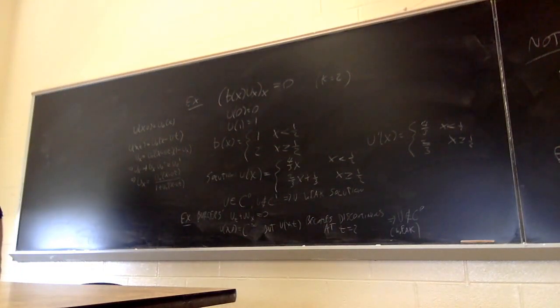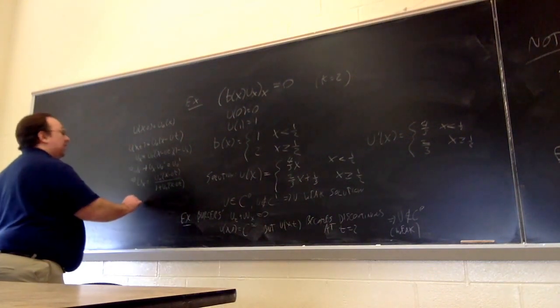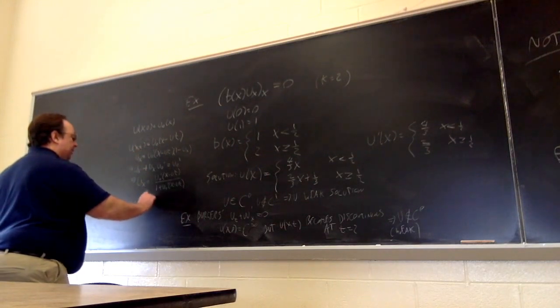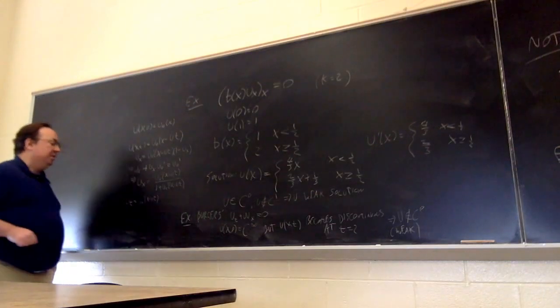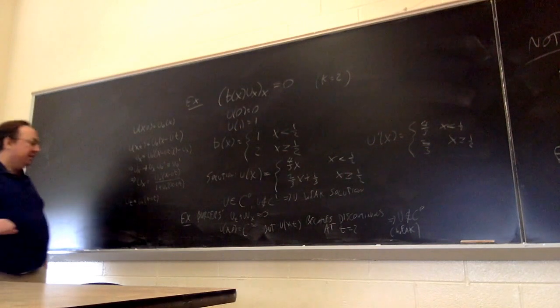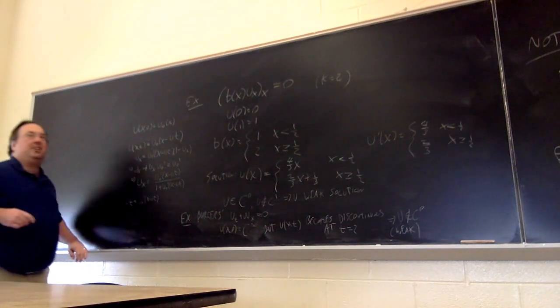Whereas u_t would be u naught prime again, but then I differentiate this with respect to t. So I differentiate what's inside. To differentiate the x, I'm not going to get anything.